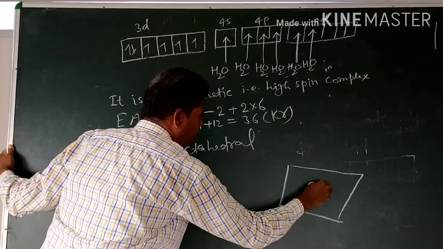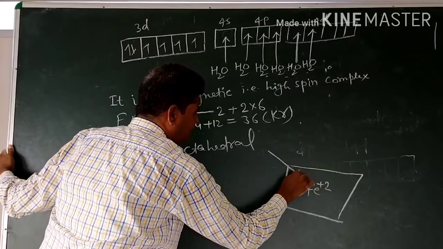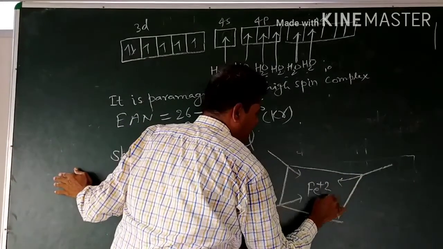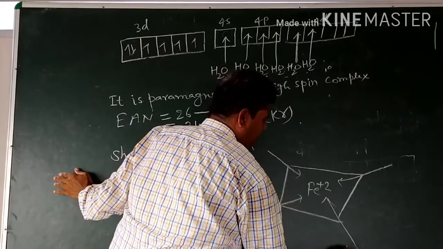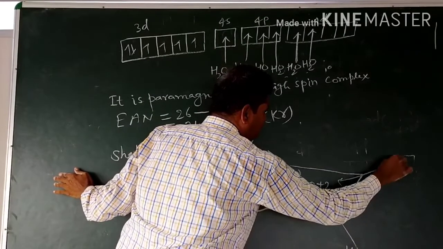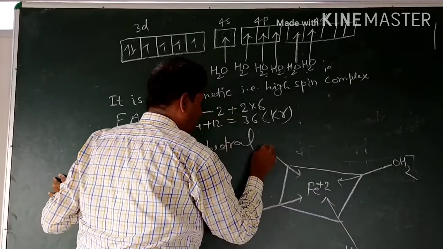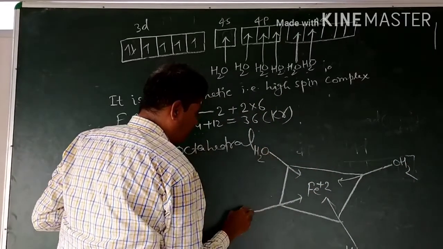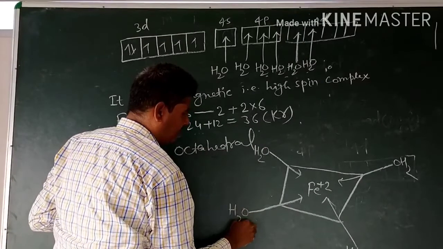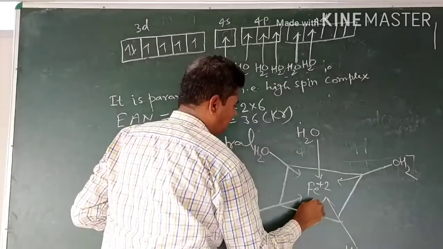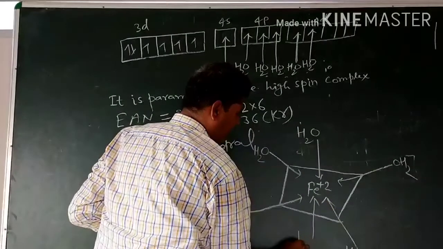Central atom, 4 ligands at 4 corners, and 2 ligands above and below the plane.